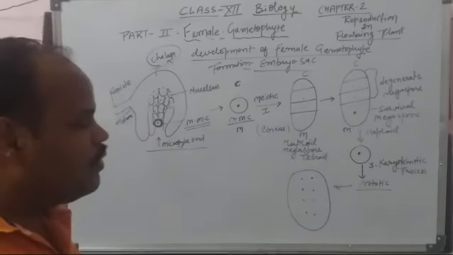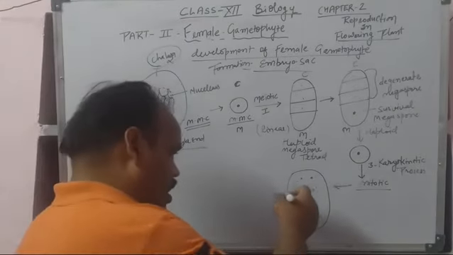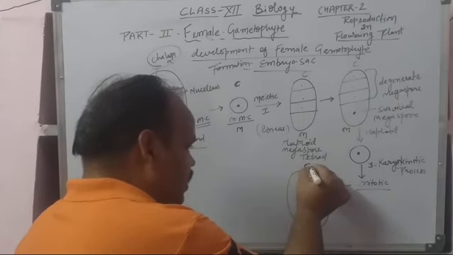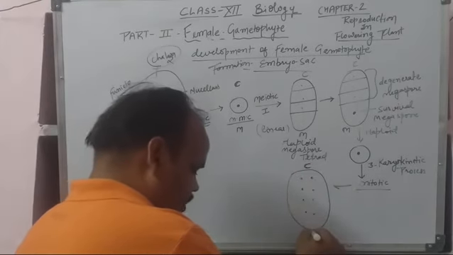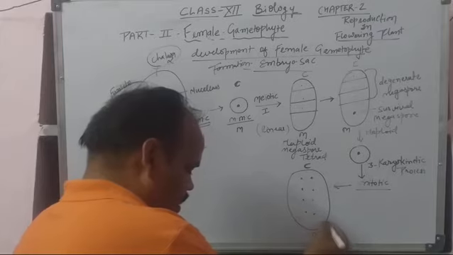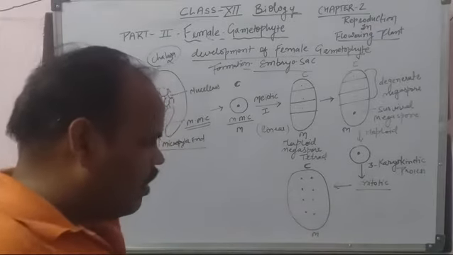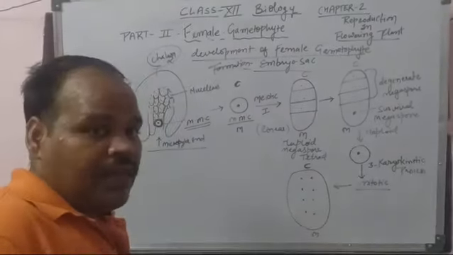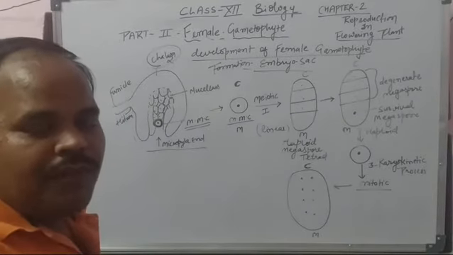After the formation of 8 nuclei in a cell, an embryonic sac structure will be formed.